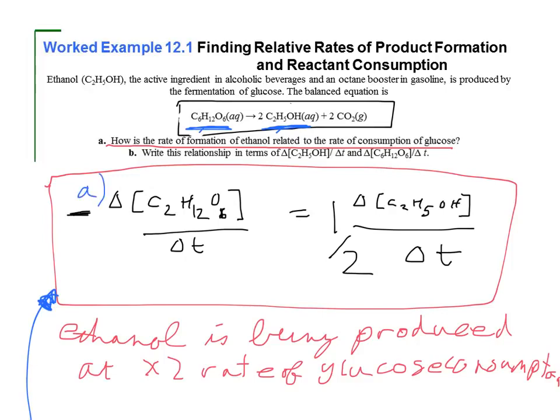First of all, who's going to go faster? My glucose or my ethanol? For every 1 molecule of glucose that's decomposed, I'm going to form 2 molecules of ethanol. So my ethanol is going to form at a much faster rate.